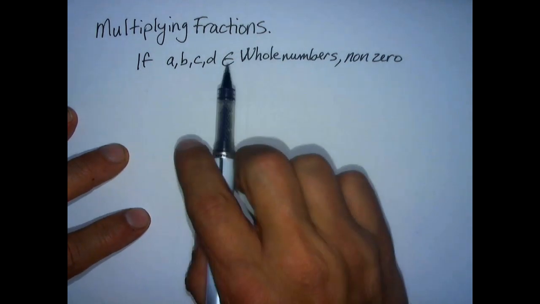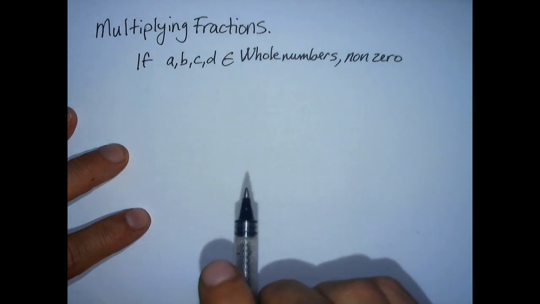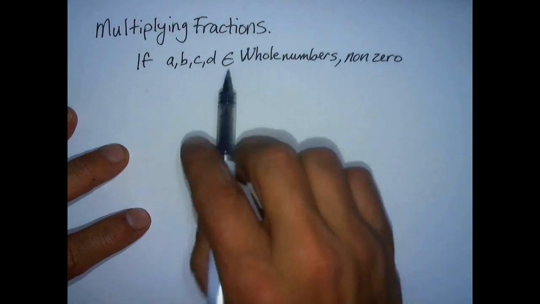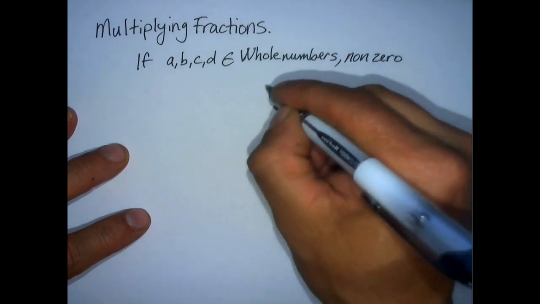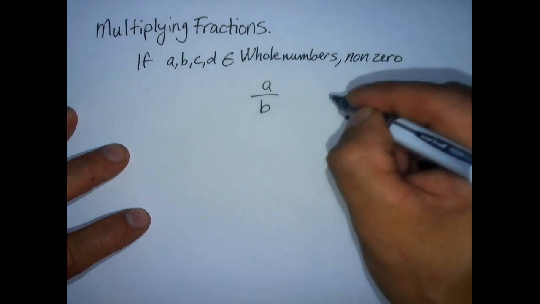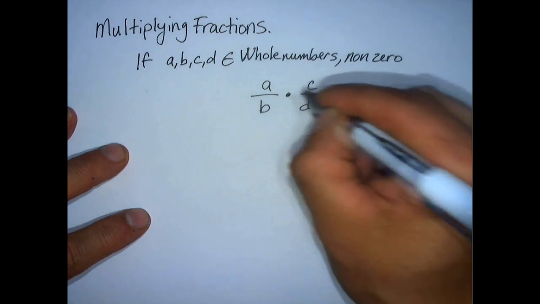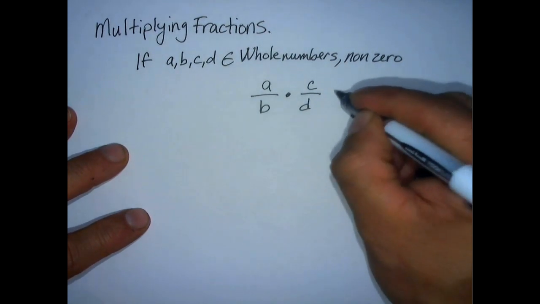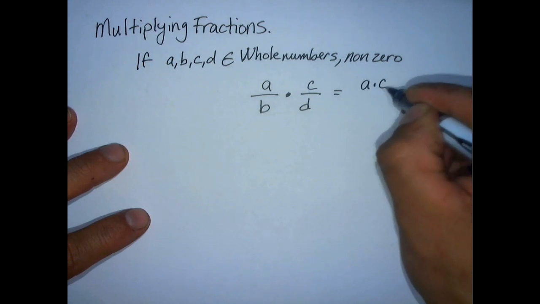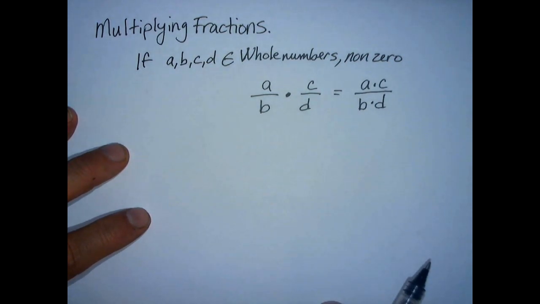This means R in math. You're going to see this a lot from me because I'm lazy. I'm not going to write "is a whole number," I'm going to write this. So that means we have these numbers A over B, there's one fraction, and here's the other fraction, C over D. If we multiply these, the result is A times C over B times D. You just multiply straight across.